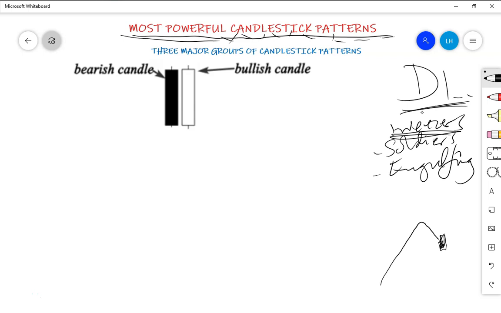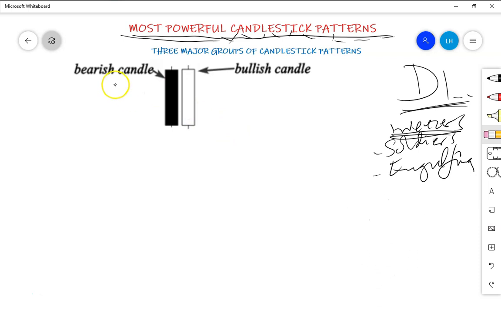A bearish candle, then a bullish one comes after, so we expect continuation of the previous trend. So we keep on buying in continuation of this previous trend. That's how we are going to use what we call the bullish railway pattern or the bullish railway track.